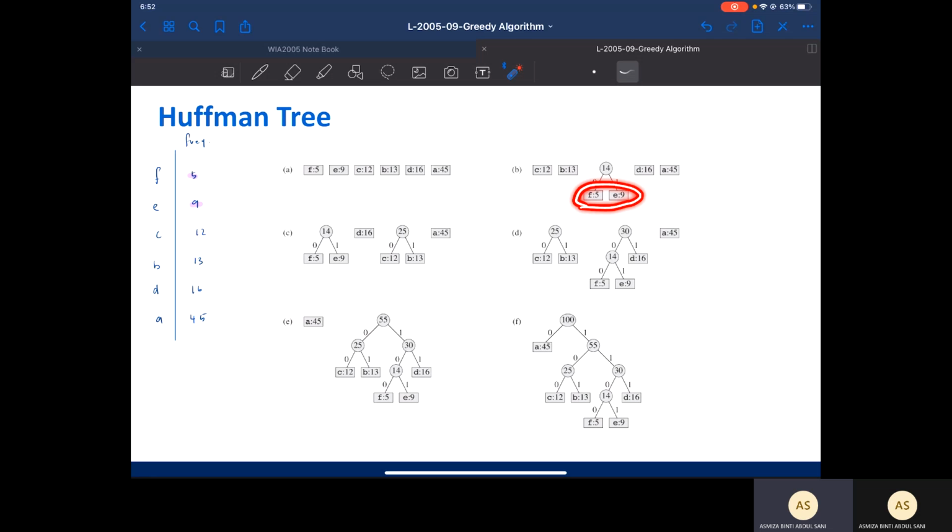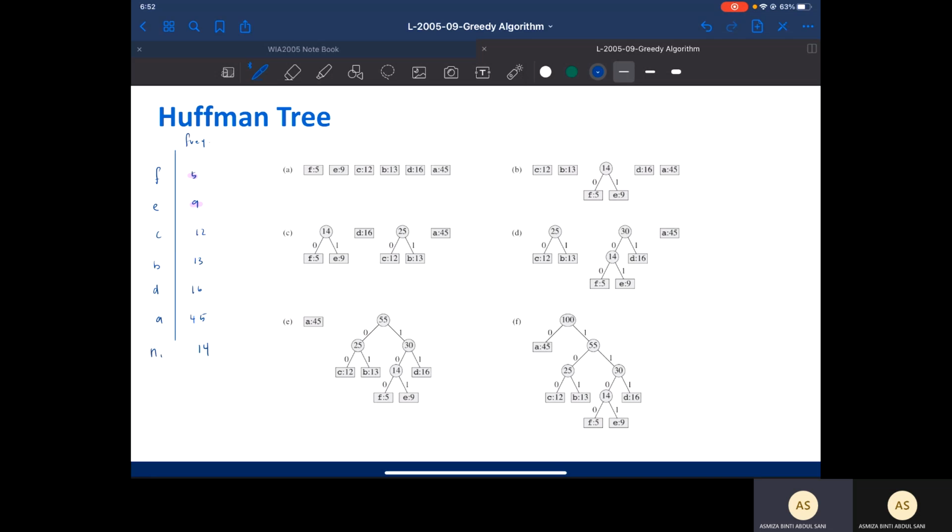And then we total up the 5 and 9 to create an internal node 14. Maybe we call it N1 of 14. And this one is done.